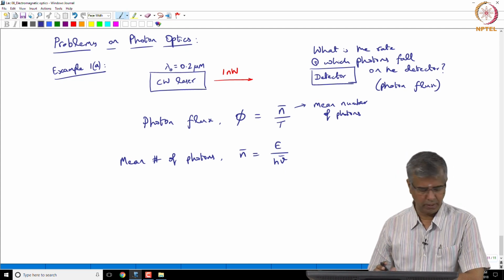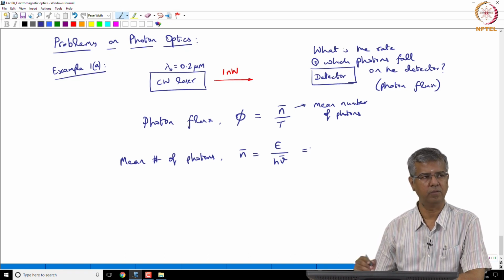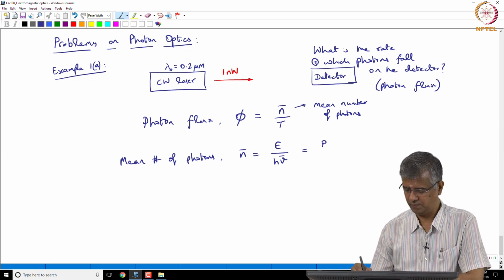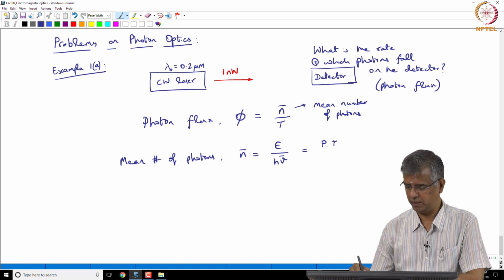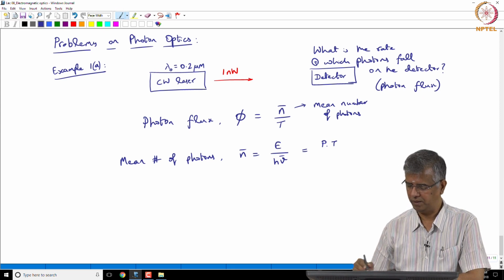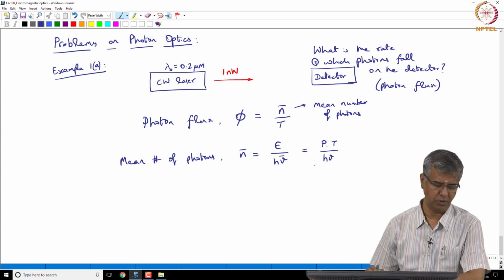In this case, you are given optical power. How do you convert energy to power? What is the relationship? The power integrated over time is energy. So it is P times T divided by h nu.